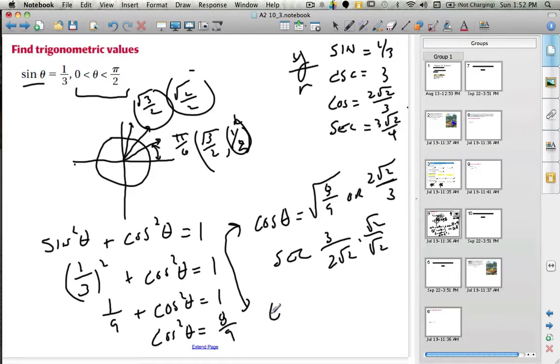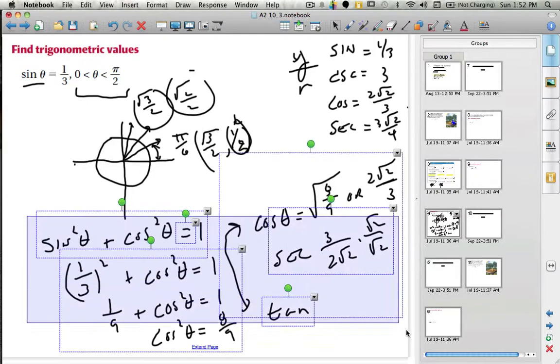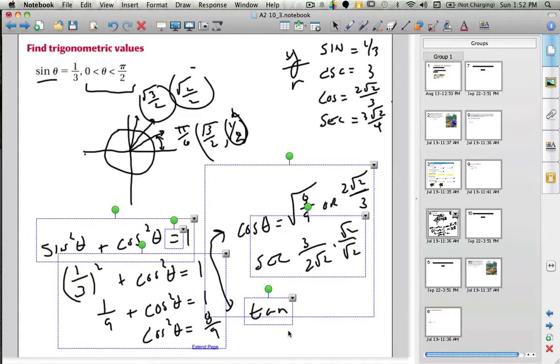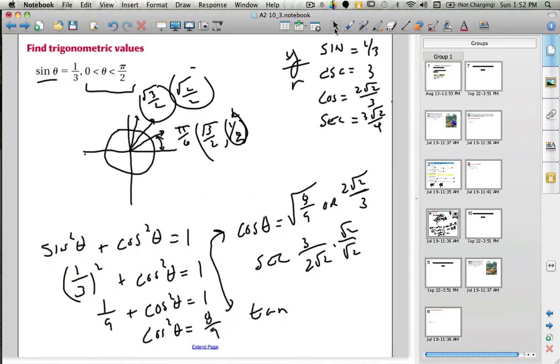And when we talk about tangent, let me move all this stuff out of the way so I have room. When I start talking about tangent, that's going to be sine over cosine.